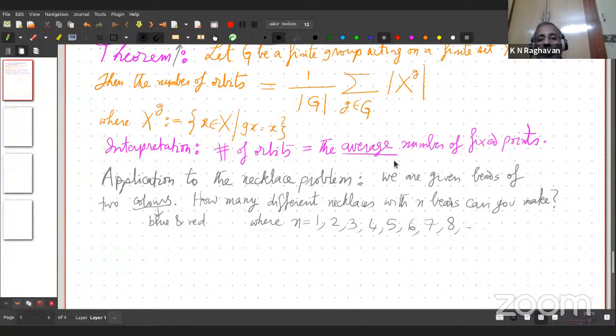We had done this for some small numbers, 3, 4, 5, etc., and I had assigned as homework 7 and 8.